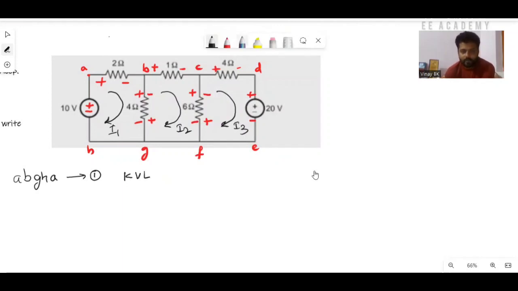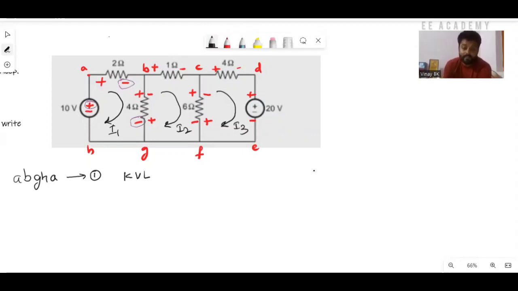Based on this direction, as I told, I'll mark the polarity. That is plus here, similarly minus here. The direction is clockwise, so here also minus. Once after marking the polarity, I will write the expression as per the KVL statement.